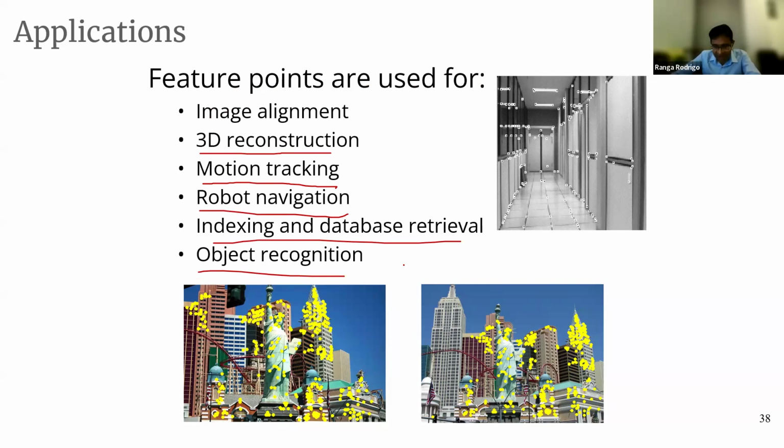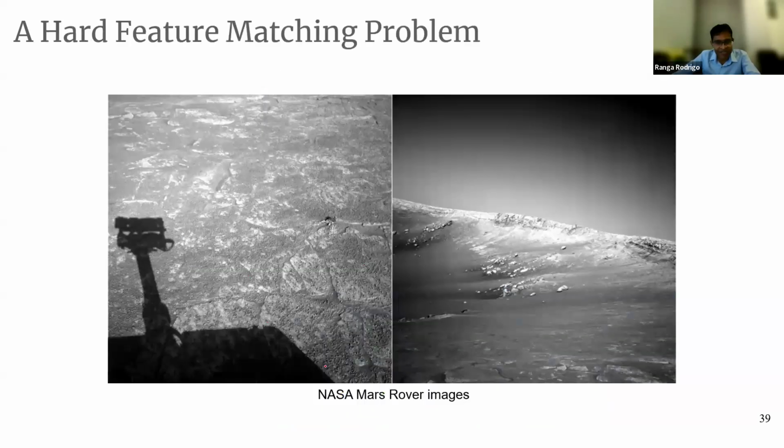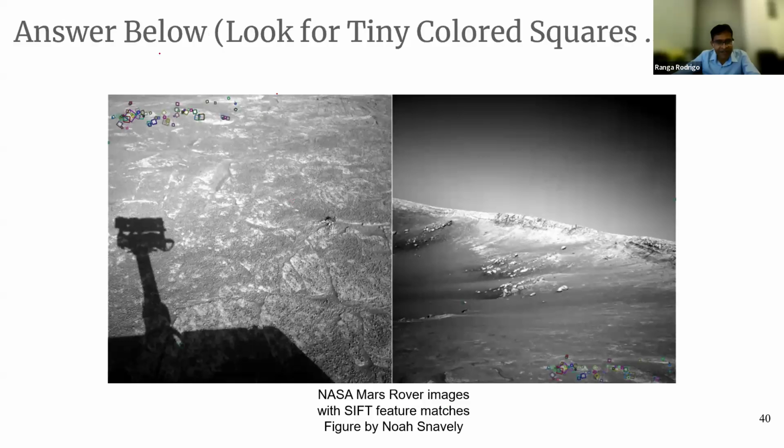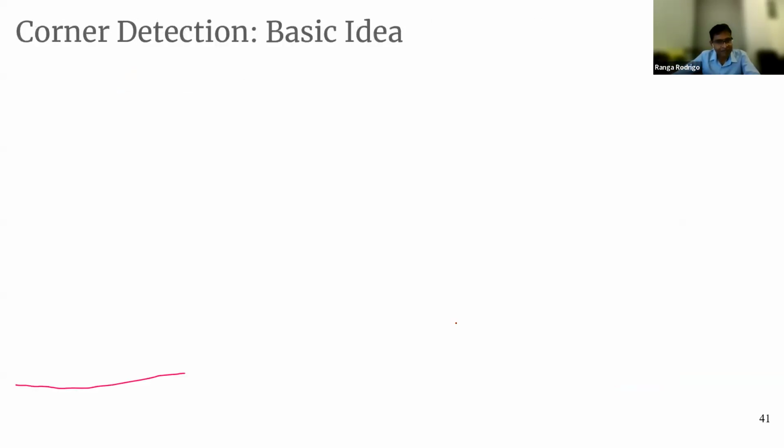These features were handcrafted those days, but now they are computed using convolutional neural networks. Here is an example of the Mars rover's view. Here you can see its view over there, and you can see in the other image it is right here. No human being can identify that, but using features, we can identify what the rover is looking at in this large image.